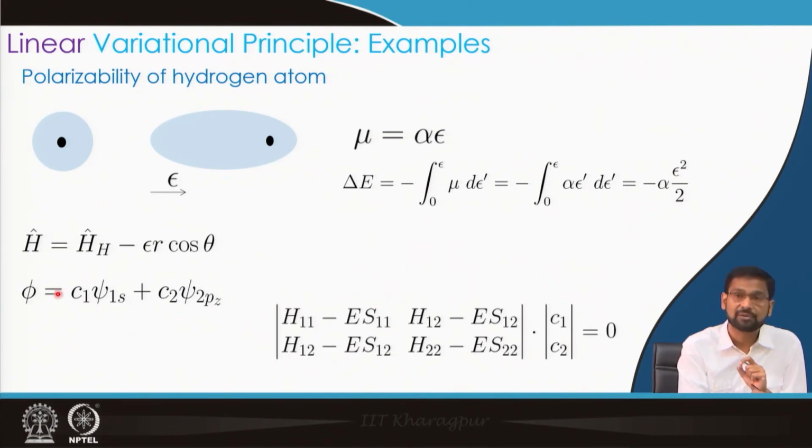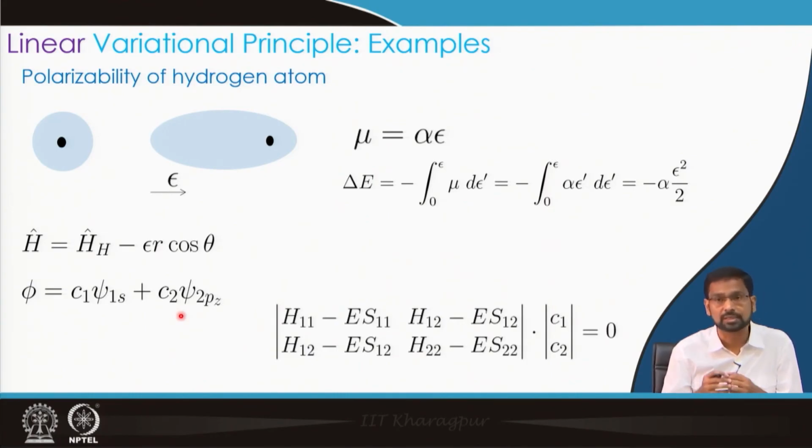Now the moment I have described my trial wave function as a linear combination of two hydrogen atom orbitals, I know the task at hand becomes to solve these secular equations, or in other words, look at this 2 by 2 determinant and its solution. In this determinant, I see that I have several integrals to calculate, the overlap integrals and the energy integrals.